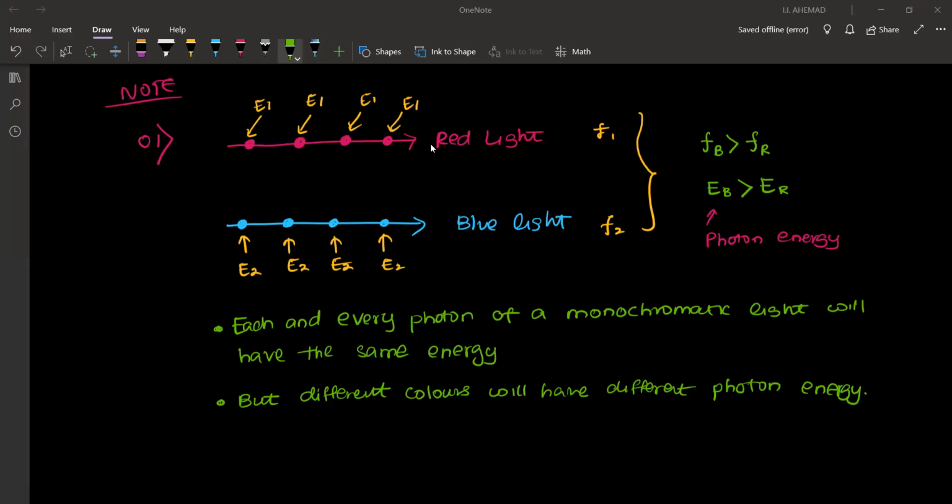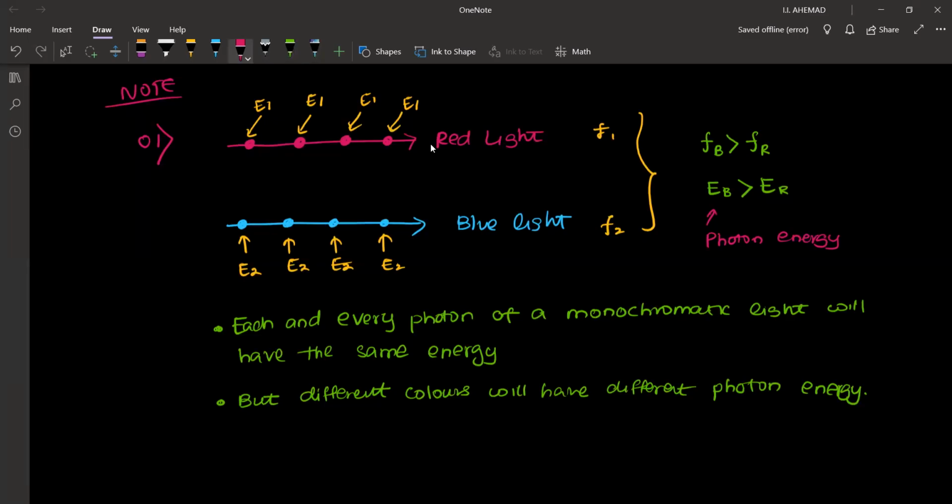Did you get this first point? Each and every photon of a monochromatic light will have the same energy. That means if you take red color, this red color light will have many photons. Each and every photon will have the same energy. Why is that?